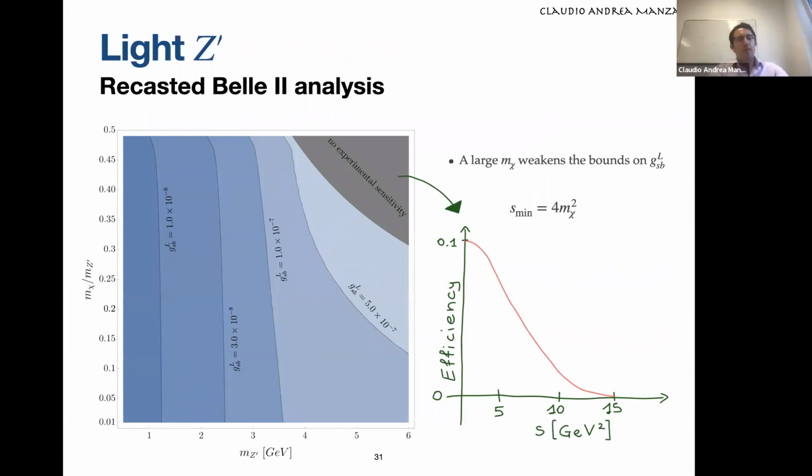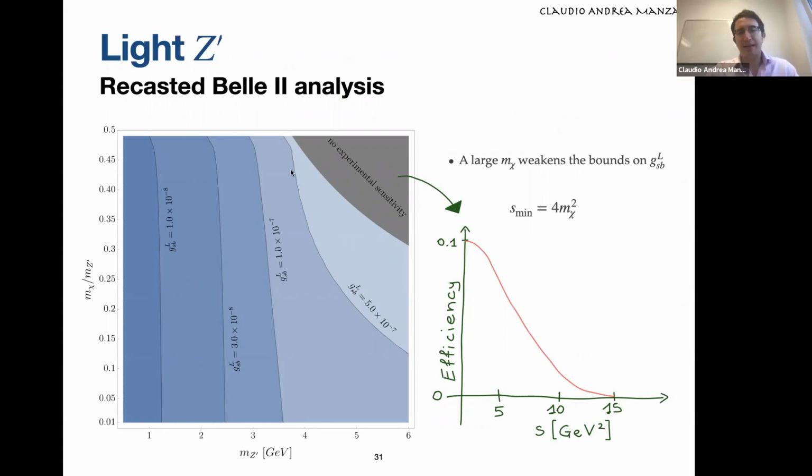Anyway, now here you can see the bounds that we could extract from B to K nu on the BS coupling in terms of the Z prime mass and the ratio of the dark matter mass over the Z prime mass. As we already noticed, a large dark matter mass weakens the bounds on the BS coupling.